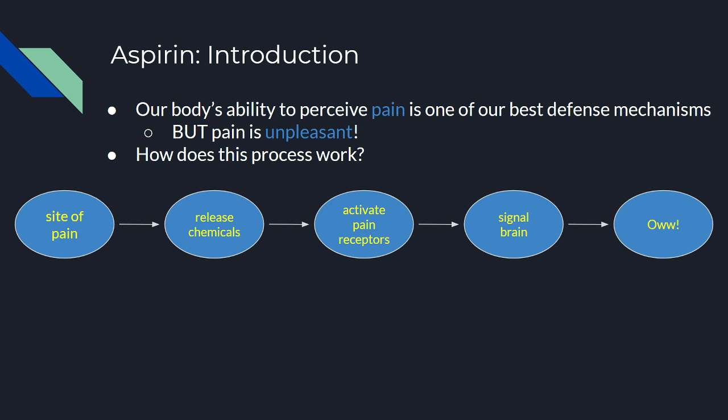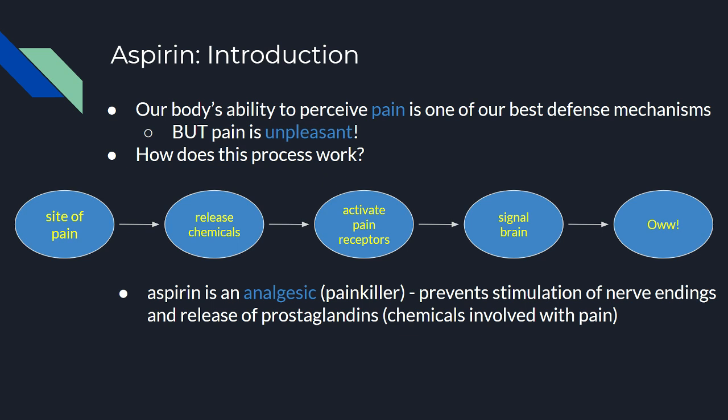So if you think about how aspirin works as a pain reliever, we need to figure out how to stop one of these processes so that we don't feel the pain. How aspirin works is it's an analgesic, our fancy chemistry term for a painkiller, and it prevents the stimulation of nerve endings and release of prostaglandins.